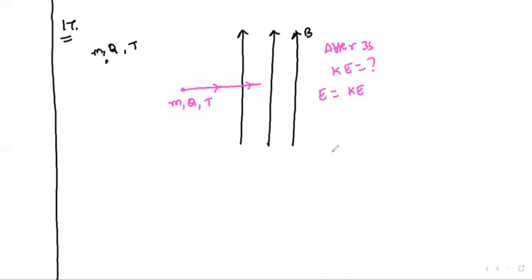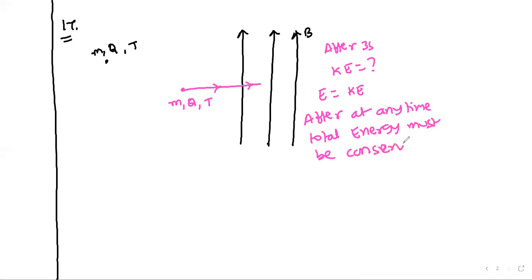So at any time, total energy must be conserved. That is the concept. So after 3 seconds also, the kinetic energy will be T. After 3 seconds also, kinetic energy equal to T.